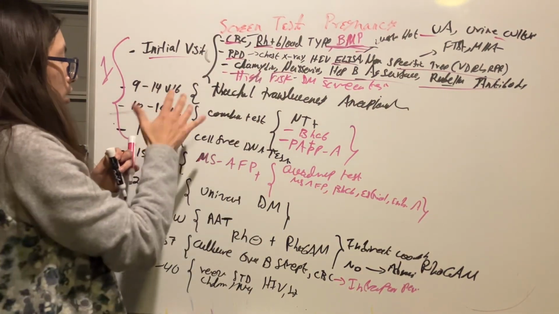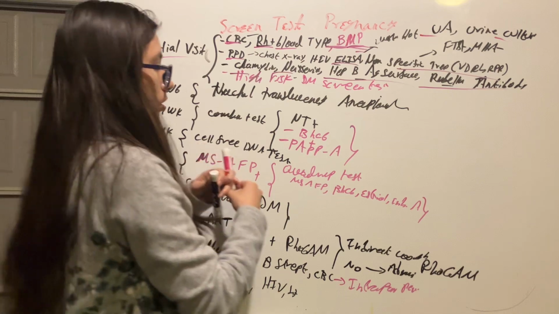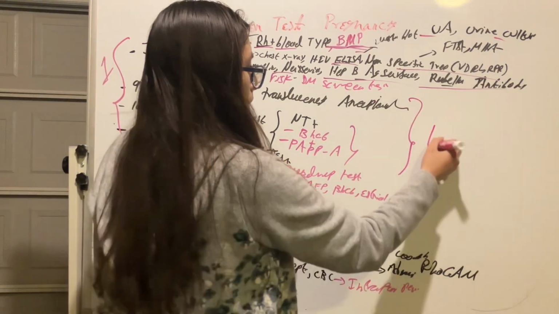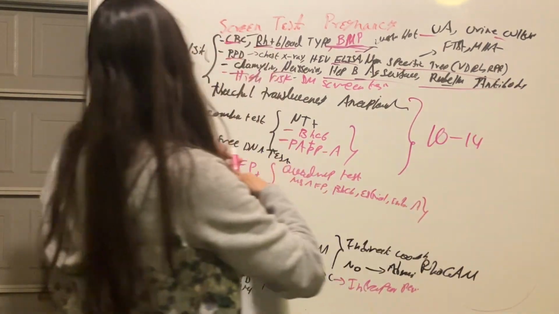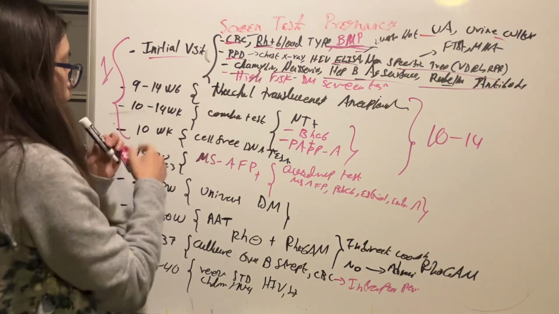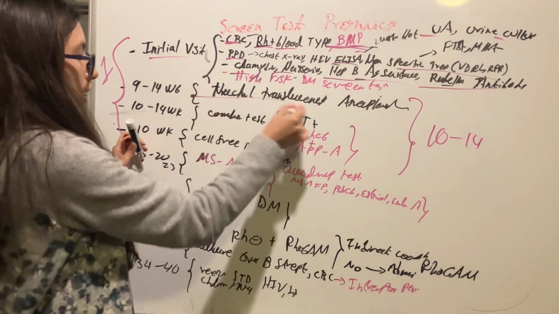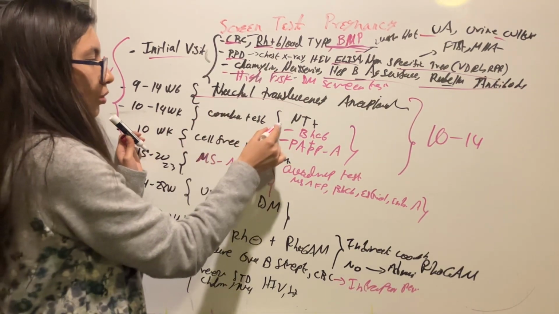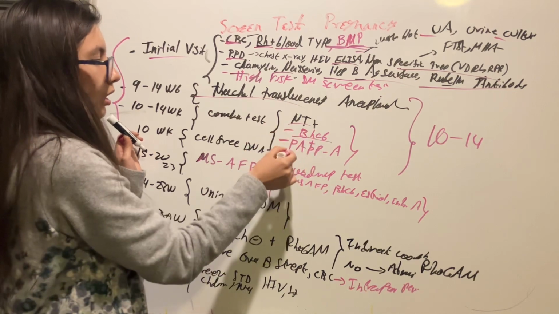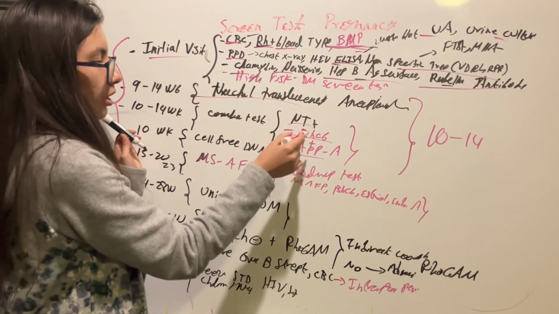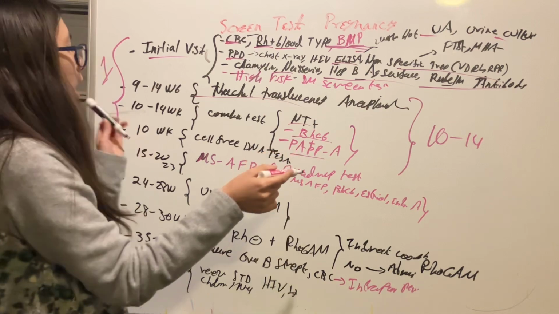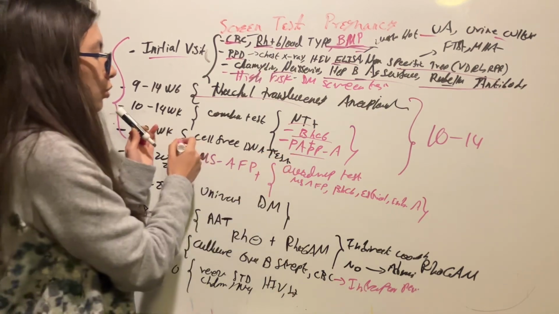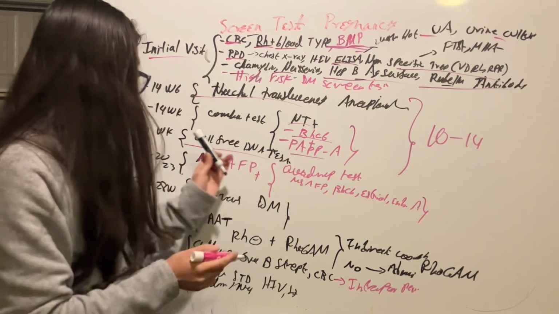At 10 to 14 weeks gestation, we evaluate for nuchal translucency. The combined test is nuchal translucency plus beta-HCG plus pregnancy associated plasma protein A. At 10 weeks gestation, we can do the cell-free DNA test for aneuploidy.